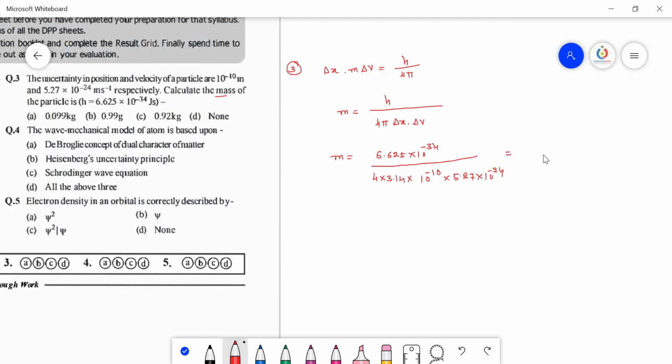So just solve this one, we shall get 0.099 kg. So option A is correct for this.